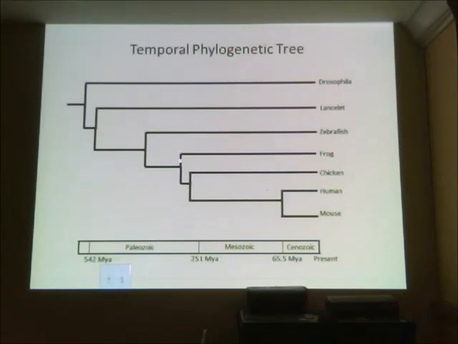the zebrafish, we got the frog, and then the chicken, or birds, came around in the very late Paleozoic period. At this point right here, 251 million years ago, there was a mass extinction.